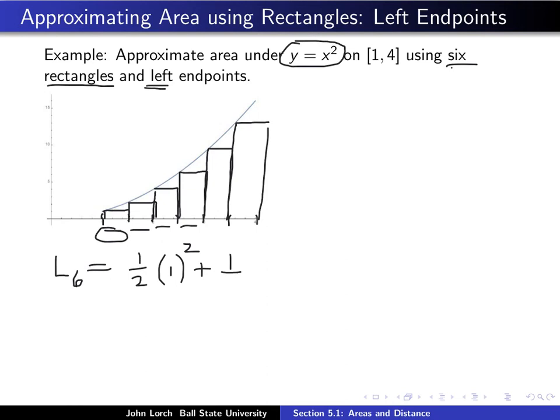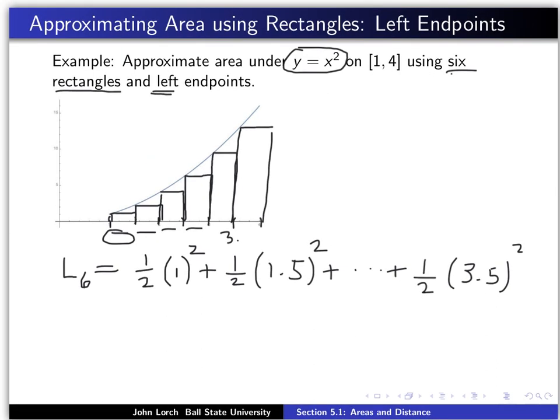Now we move on to the next rectangle of base 1/2, and its left endpoint is at 1.5, so the height of that second rectangle is 1.5 squared. We continue to do that up until the sixth rectangle, which again is of base 1/2, and the height this time is 3.5 squared, because the left endpoint of our final rectangle is at 3.5, and to get up to the curve we have to square 3.5.